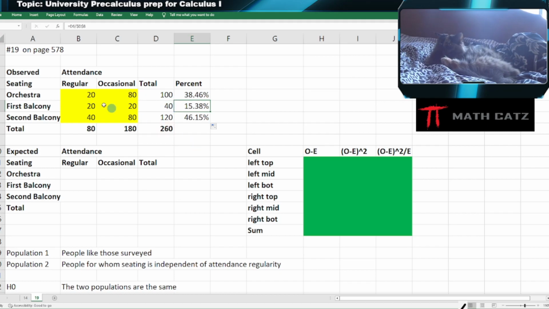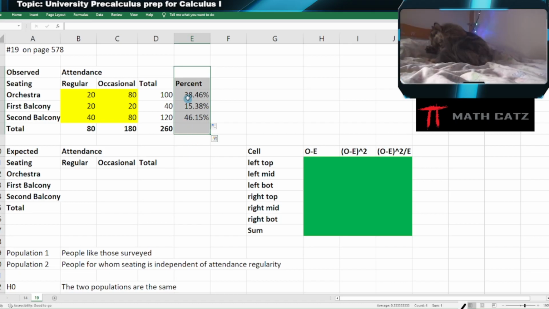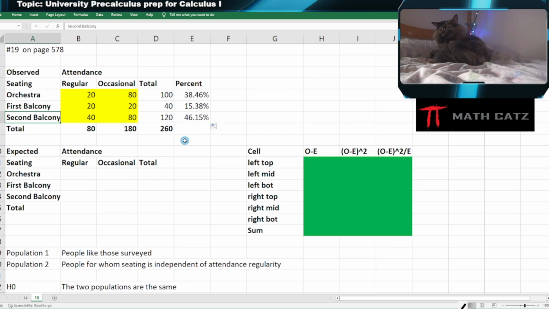So regardless of the attendance, whether it's regular or occasional, the breakdown of the seating types is according to this percentage. So roughly 38% of people choose orchestra seating, 15-ish percent choose first balcony, and 46 choose second balcony, regardless of how often they attend.